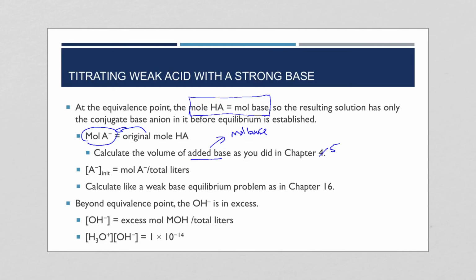And so we'll see how to go through these calculations in a bit. And we'll solve this weak base equilibrium. So remember, this will just be like solving, like we did with salts, this type of equilibrium, a conjugate base equilibrium. And of course, beyond the equivalence point, it's going to be based on the concentration of hydroxide that we've added in excess.